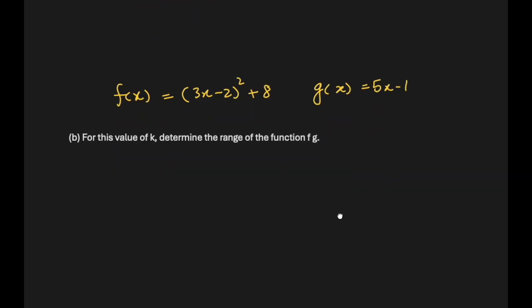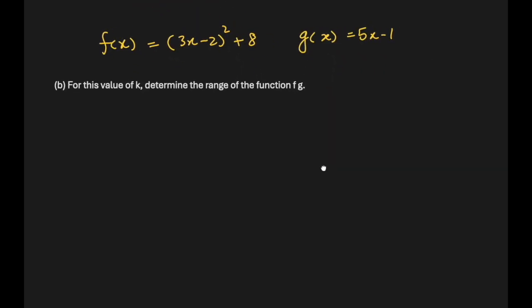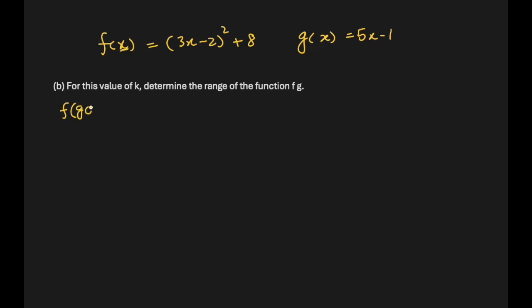Alright, now I want fg, so in place of x here, we will write g(x). So f(g(x)) will be 3 times, but in place of x I will write 5x minus 1, minus 2, all squared, plus 8. This becomes the new function, which is fg(x).